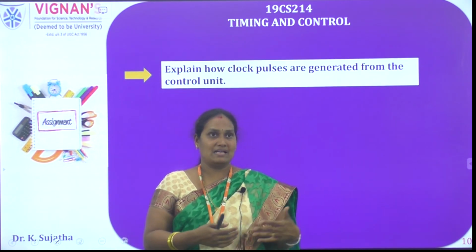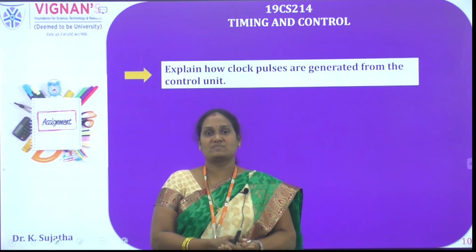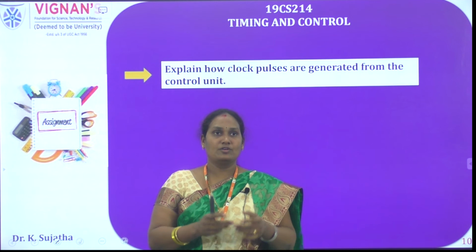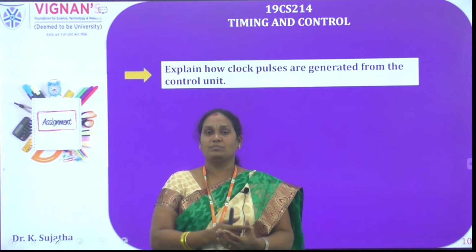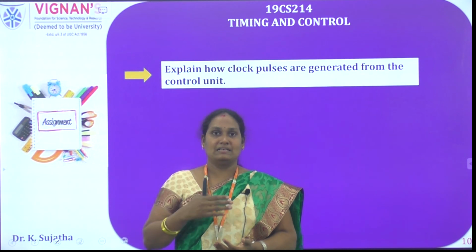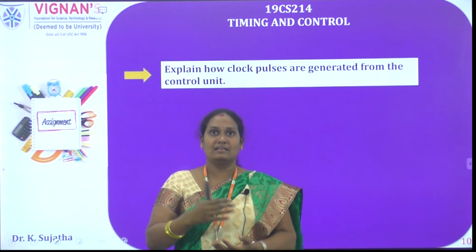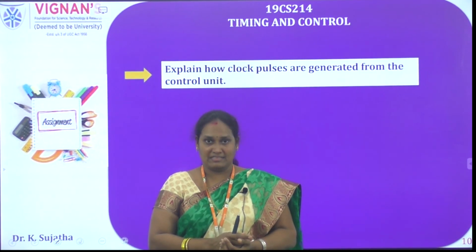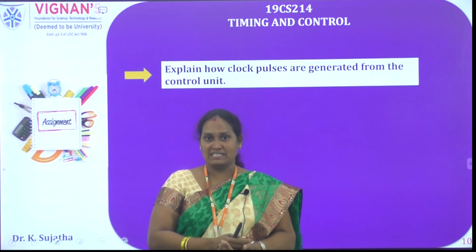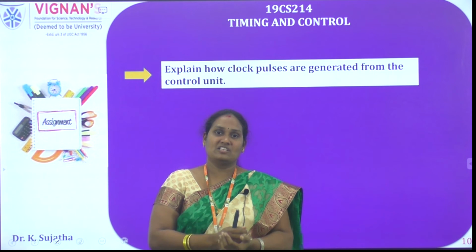Here I am going to summarize the concepts we explained in this session. In this session, we saw how the control unit is designed for our basic system, what the various digital circuits and digital elements present in designing the control unit are, what the functionalities of those digital elements are, and how the clock pulses are generated.